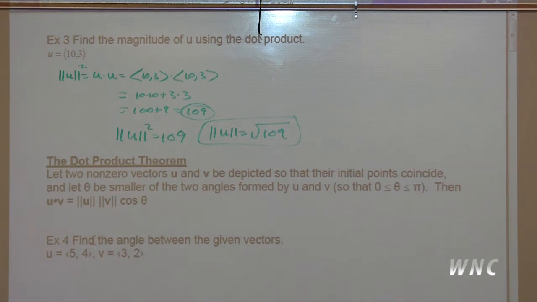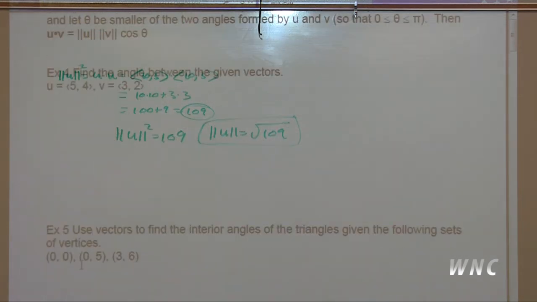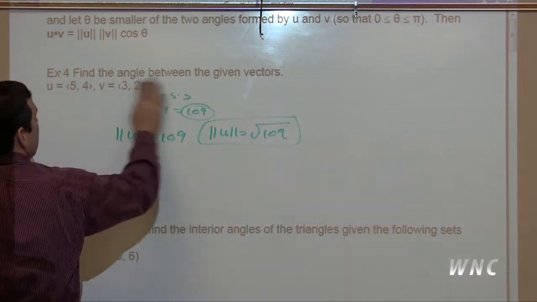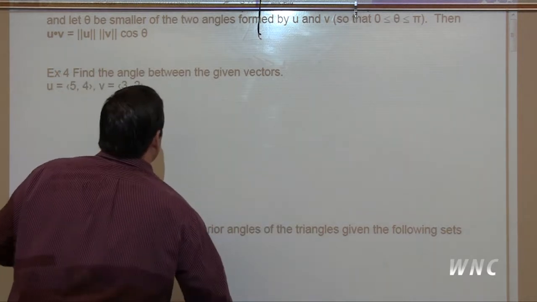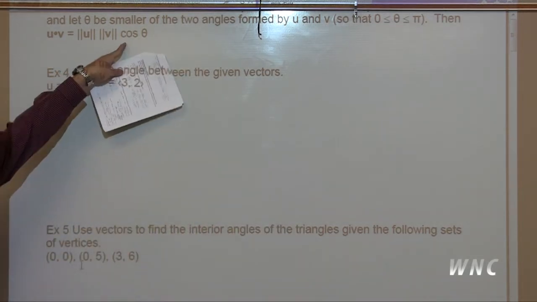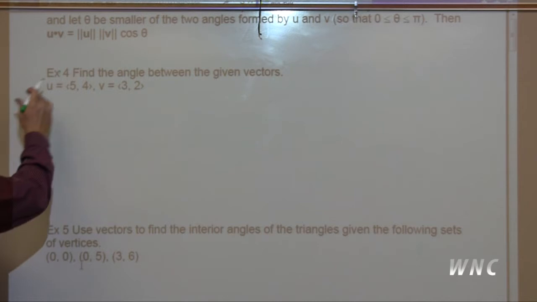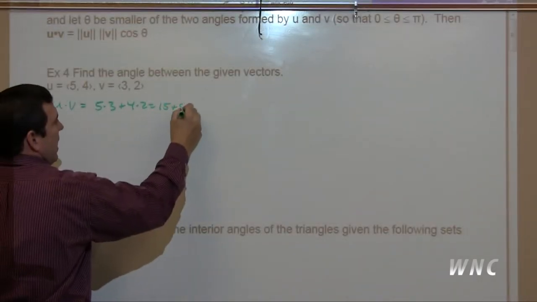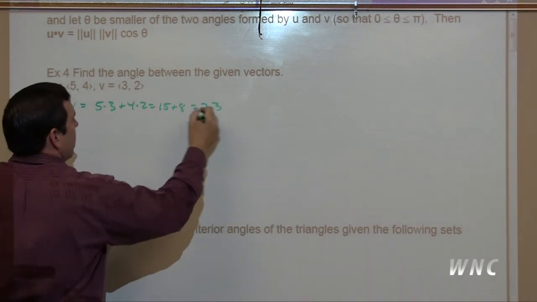We want to find the angle between the given vectors. So notice we're given the vectors, and from this we can find u dot v. We can find the magnitude of u, and we can find the magnitude of v, and then use that to find the angle between them. So u dot v is going to be 5 times 3 plus 4 times 2. That's 15 plus 8, or 23.